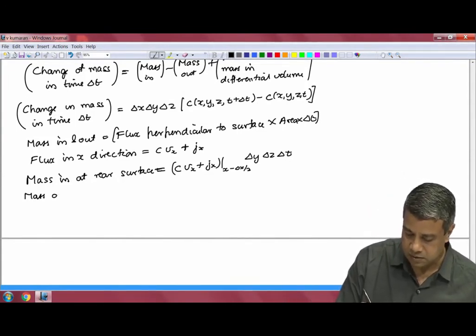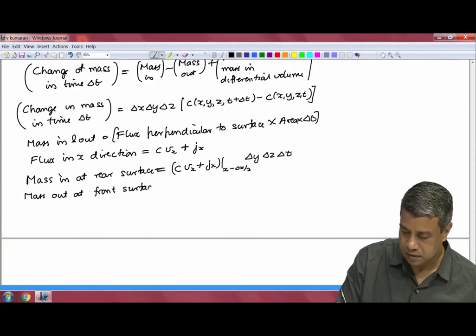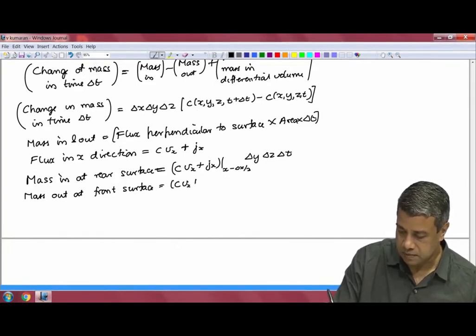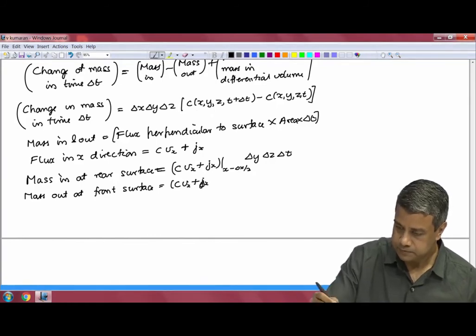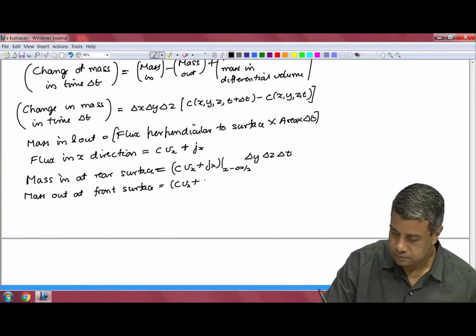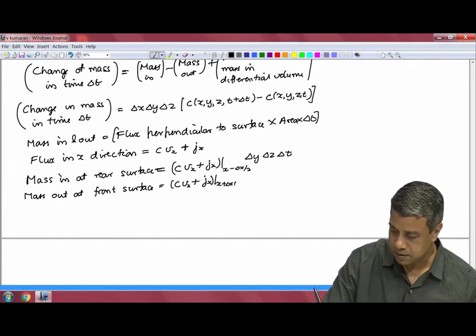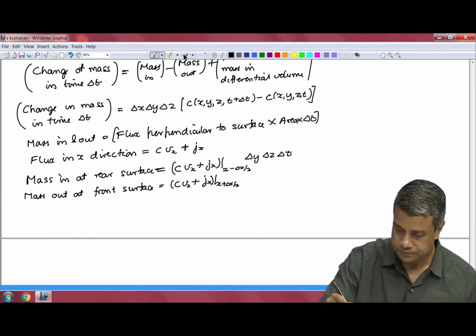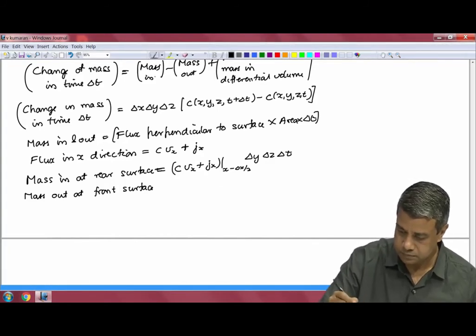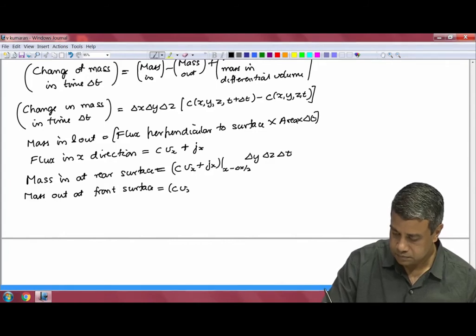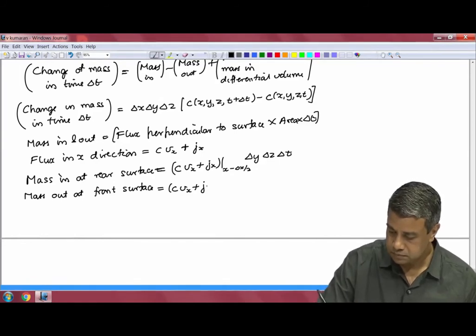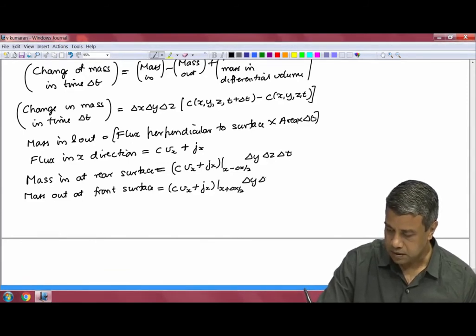So, mass out at front surface is equal to C Vx plus Jx at x plus delta x by 2, into delta y delta z delta t.